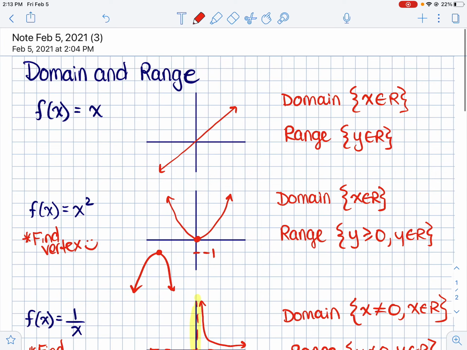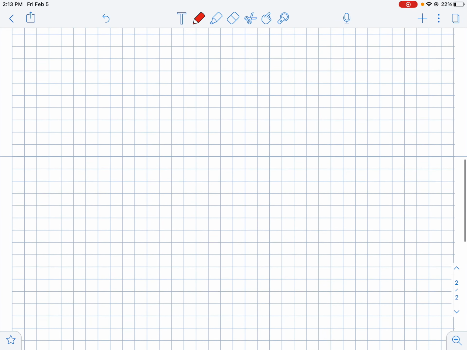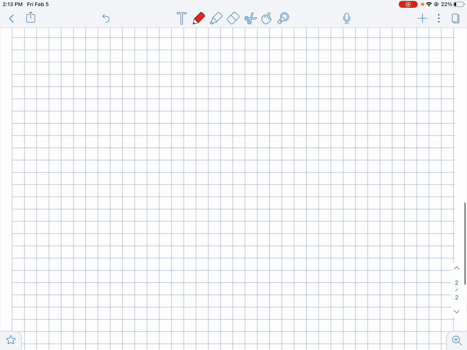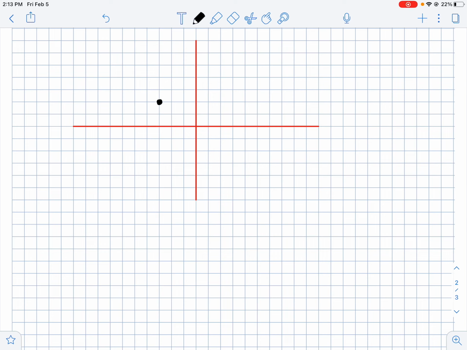And that's just your basics on domain and range. Oh, actually, one more thing. If you're looking at a graph, this is going to happen later in your math courses, probably. If you're looking at a graph and you need to identify domain and range, just one thing to keep in mind in case you don't know this: if you have line segments, like say you're looking at finding the domain of this line, a closed circle means it actually does go through that point.